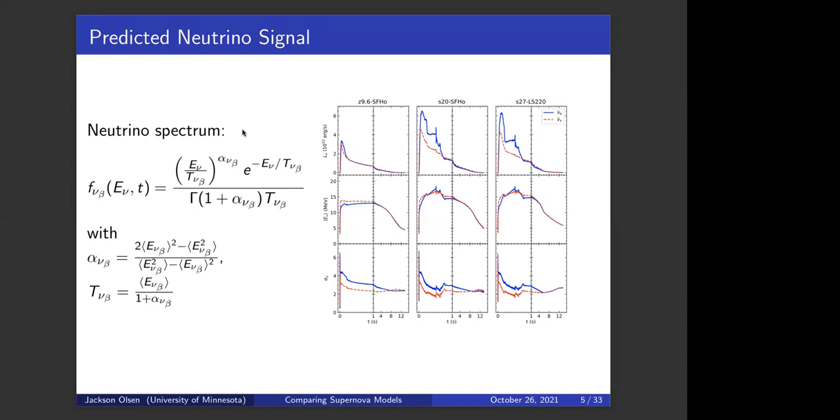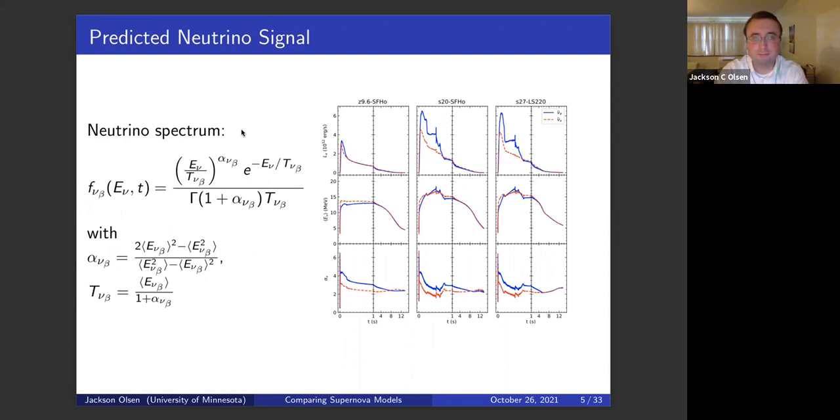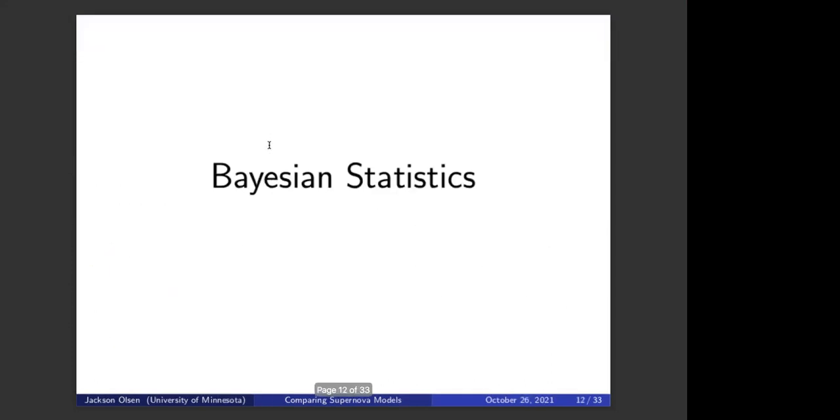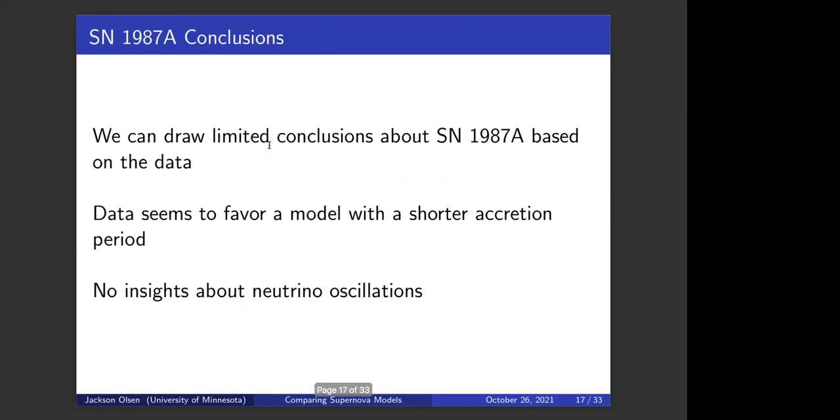Maybe I can ask a simple question. You have these results showing preference for SFHO over LS220 in the first slide of your Bayesian results. And then in the conclusion, you mentioned this shorter accretion period.